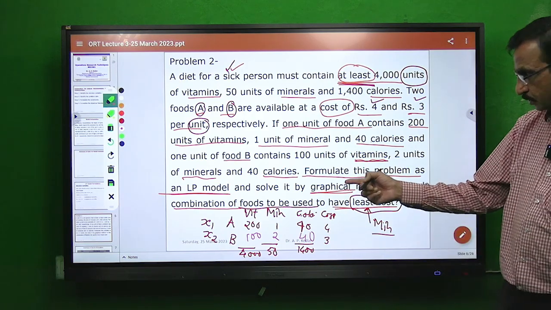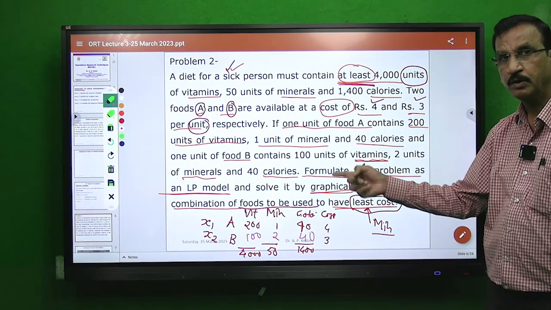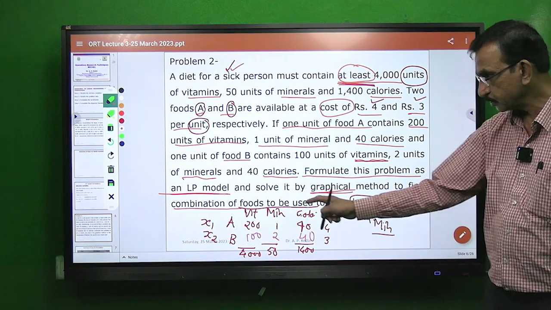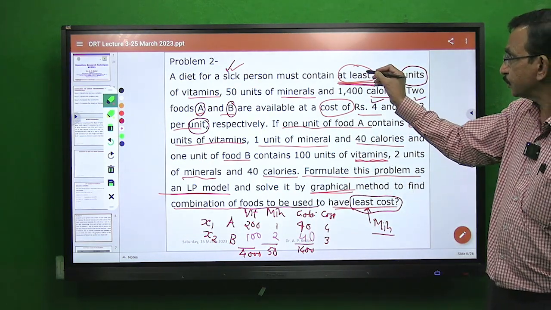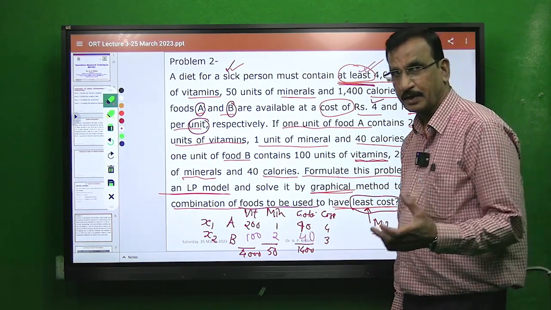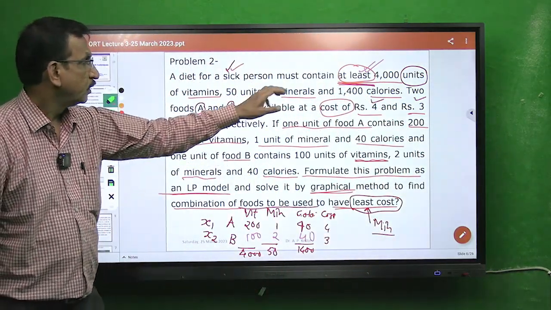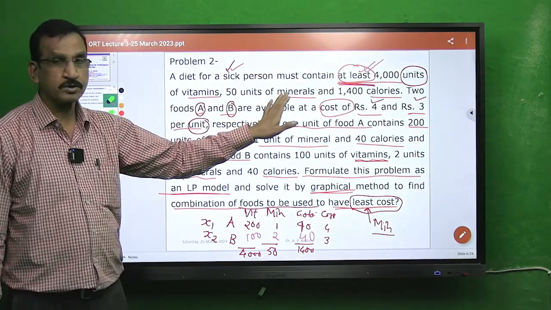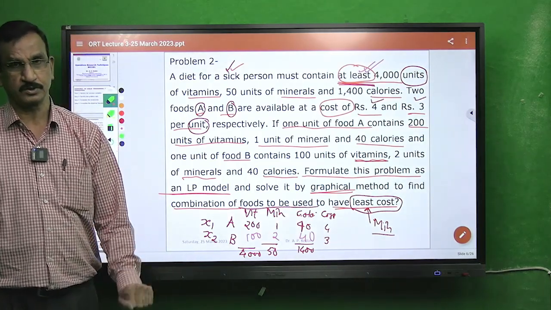So this is the summary of the data for linear programming formulation. No item is missed in this summary table from the given data. Now we have to be very cautious about the wording used in the problem: at least, the diet plan must have a minimum of 4000 units of vitamins, 50 units of minerals, and 1400 calories.